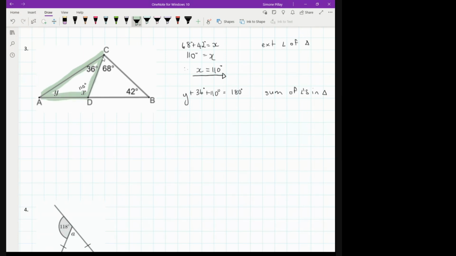Okay, carry on, Umar. So Umar, by the way, has seen this triangle. So he's going to say y plus 146 is equal to 180. y plus 146 is equals to 180. y is equals to 34.